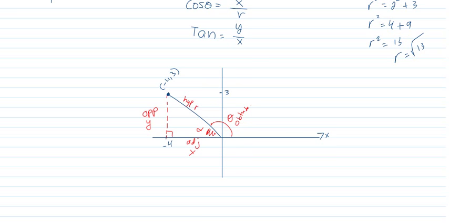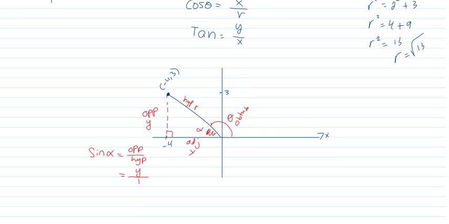Now, let's look at the sine, cosine, and tan. If I'm going to look at sine theta, sine alpha, sorry, it's going to be opposite over adjacent, right? Sorry, that's wrong. Opposite over hypotenuse. Now, opposite is the value of y over r.